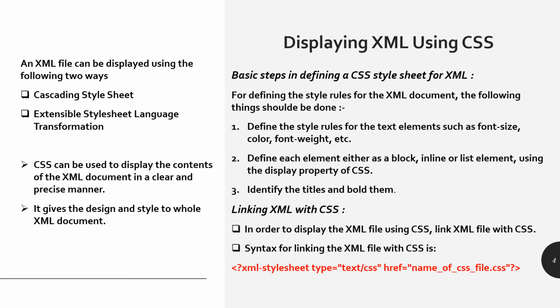The steps for displaying in this normal way: first we will see how we can display an XML file using CSS. We need to define the CSS, and then finally we need to link the XML file with the CSS file.